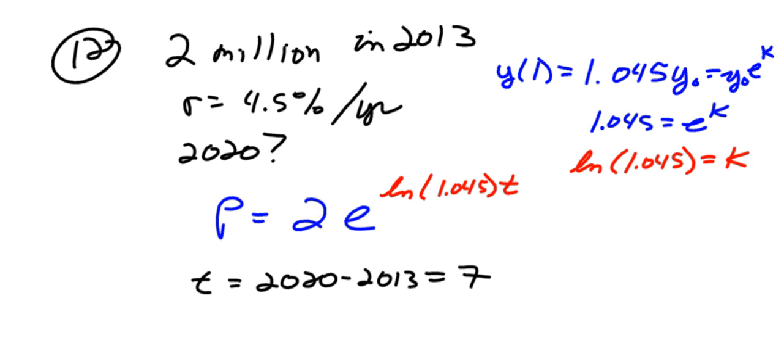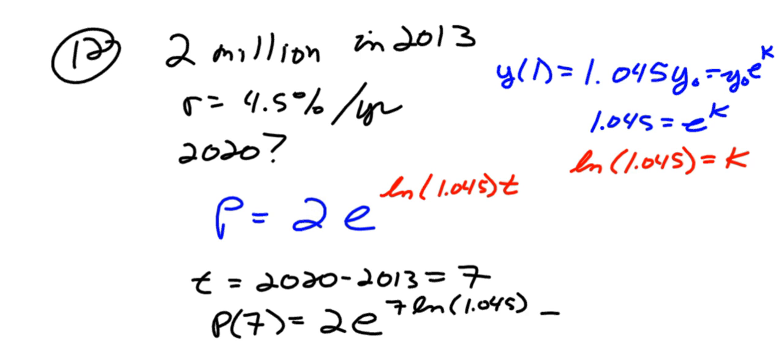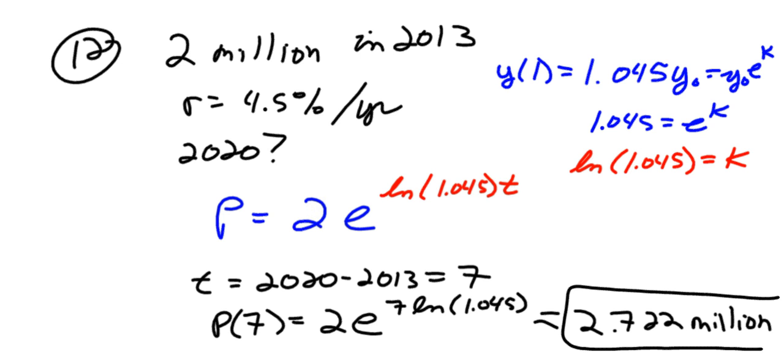So I'm going to plug in 7 to my equation and chug. So P of 7 into my equation gives 2.722 million in population.